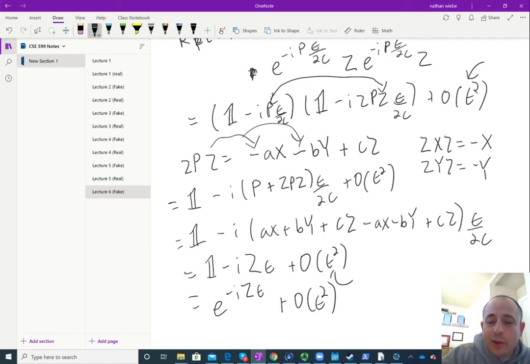And again, this epsilon we can pick to be any value we feel like.